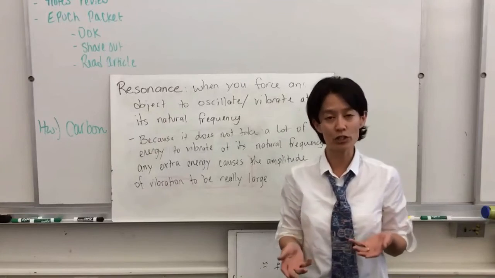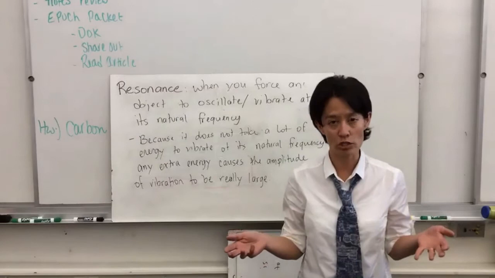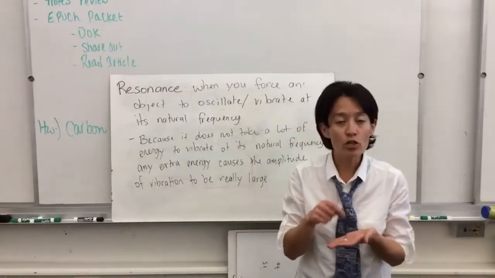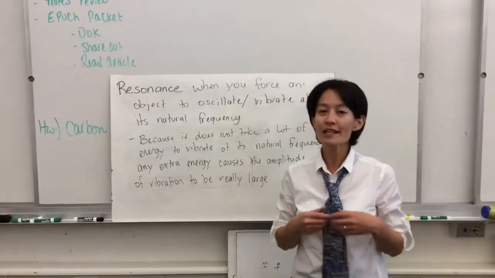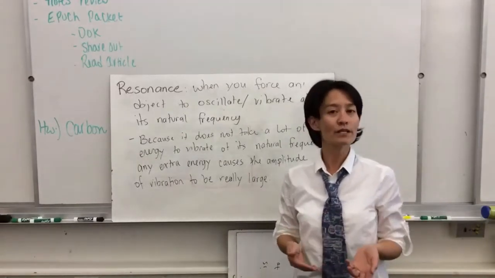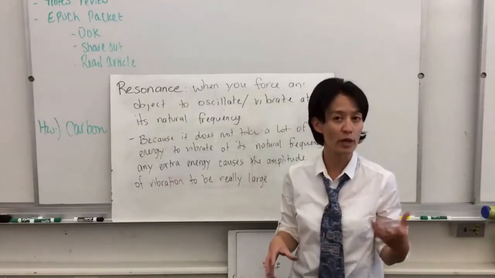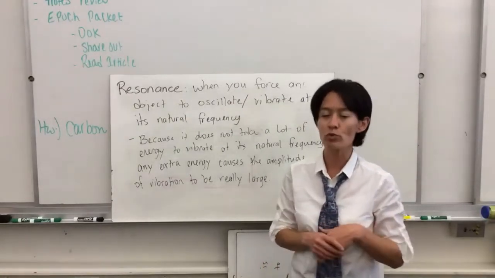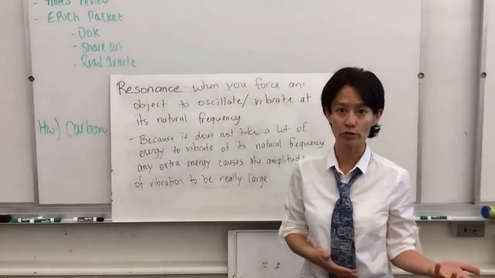So let's say the natural frequency of a guitar string was like 256 hertz. That means you'd have to pluck it 256 times per second in order for resonance to occur. That's not going to happen. We do see resonance occurring with sound with tubes, and we'll talk about that more next week. But with stringed instruments, we're not working on the premise of resonance. We're just looking at the idea of natural frequency.